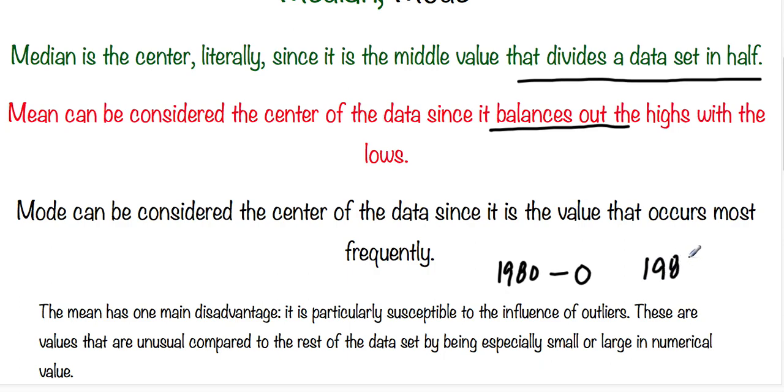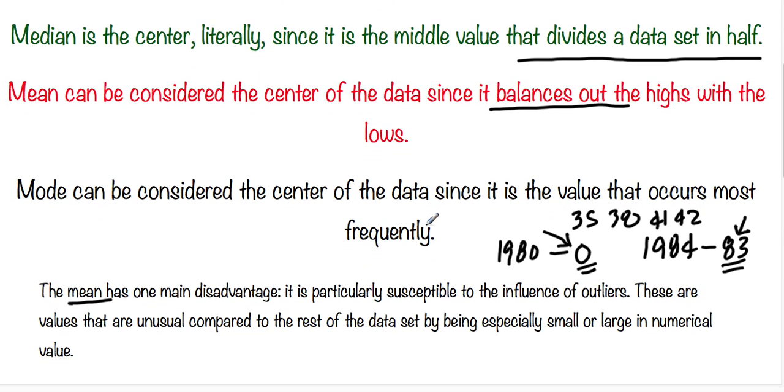In 1984, the United States had 83 gold medals, but the rest of the values of the rest of the data around 35, 38, 41, 42. Okay, so if you notice, these are outliers, and if you get the mean of this set of data, it will not be representative because of these two outliers, and that's when the mean becomes misleading if you use mean to represent this set of data.